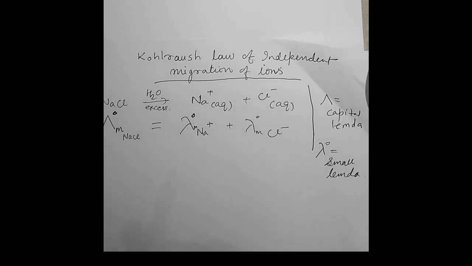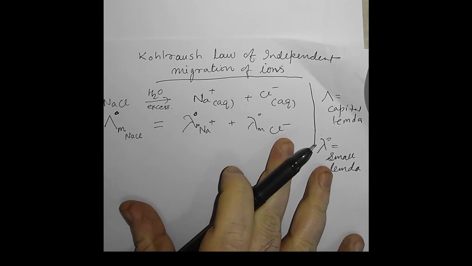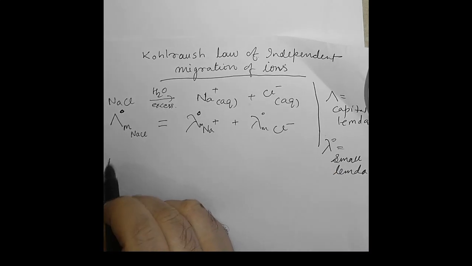So how will we write Kohlrausch's law for, say, MgCl2?